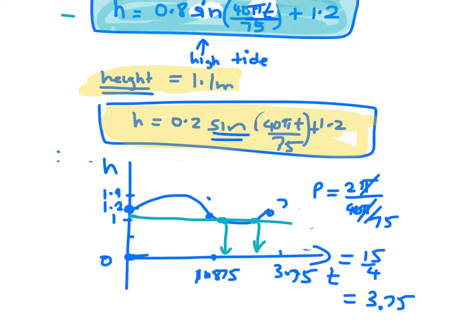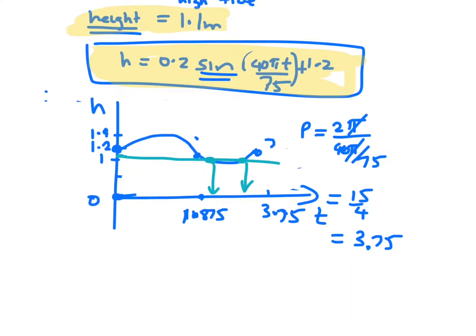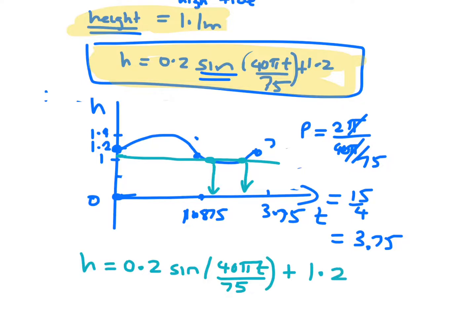Now, if you enter into Desmos, you enter your equation, which is h is 0.2 sine of 40 pi t, or whatever you have, plus 1.2. If you enter that in, you enter h equals 1.1, then this is h equals 1.1, and the other one is your graph.